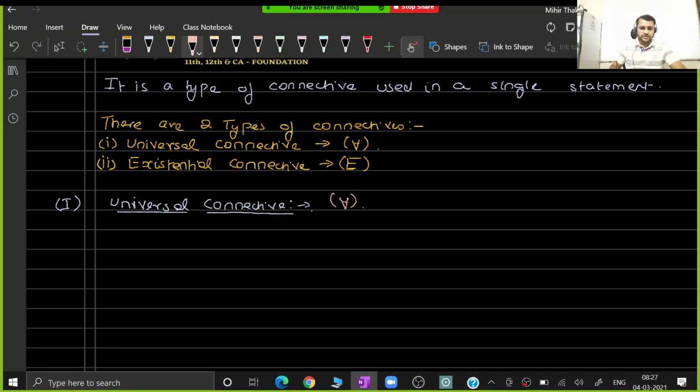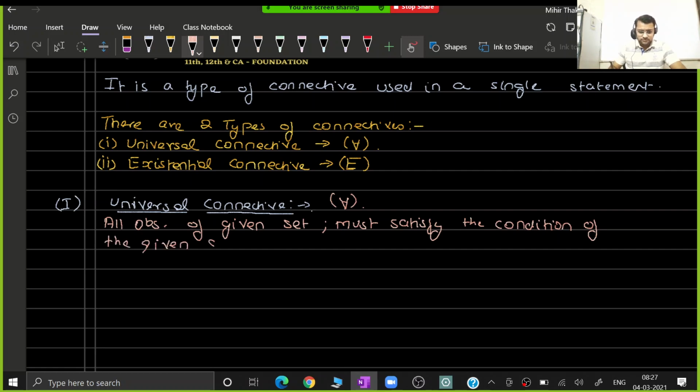It is the condition which says that all observation of given set must satisfy the condition of the given statement.